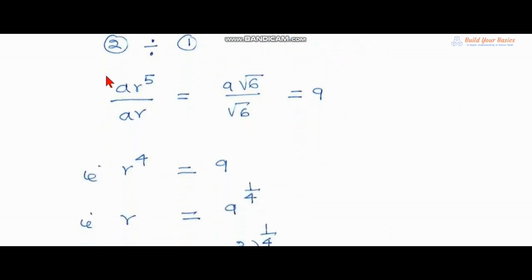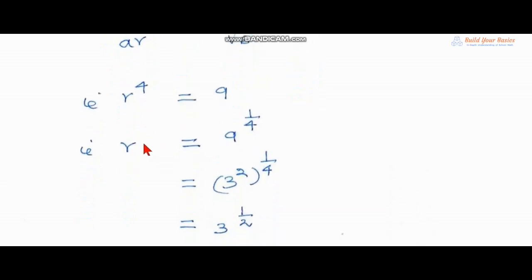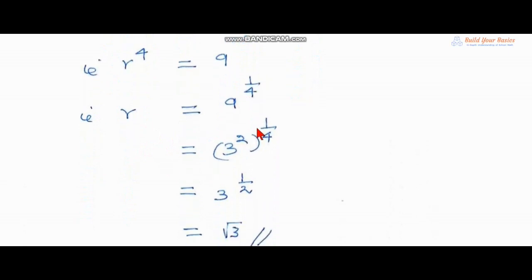Why should we divide? If we divide, that A will get cancelled. We will get an equation involving r only. A gets cancelled. R power 5 by r is r power 4, 5 minus 1, that is r power 4 is equal to 9. R power 4 equal to 9 means r equal to 9 to the power of 1 by 4.